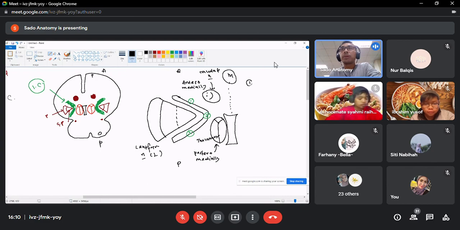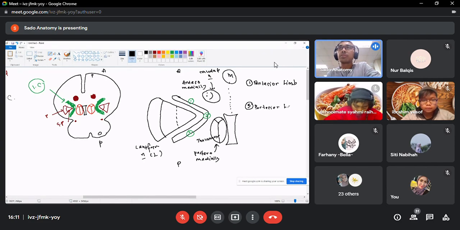This anterior part of the internal capsule, number one, is what we call the anterior limb of the internal capsule. Number three, this is your posterior limb. Posterior limb of the internal capsule.